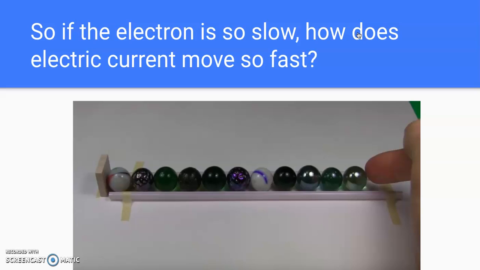However, because there are so many of them and so many collisions, one hits another, which hits another, and the electric current moves very quickly. With just one movement of this marble on the right, all of a sudden the wooden plank at the very end is knocked over because of those collisions, and we have electric current. This is pretty cool. The electron is slow, but electric current is very fast because of these collisions between electrons.